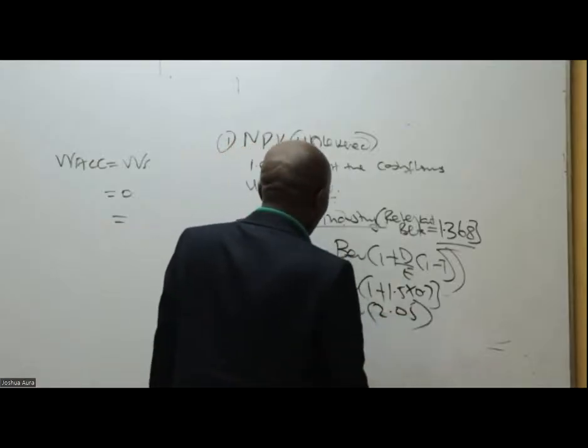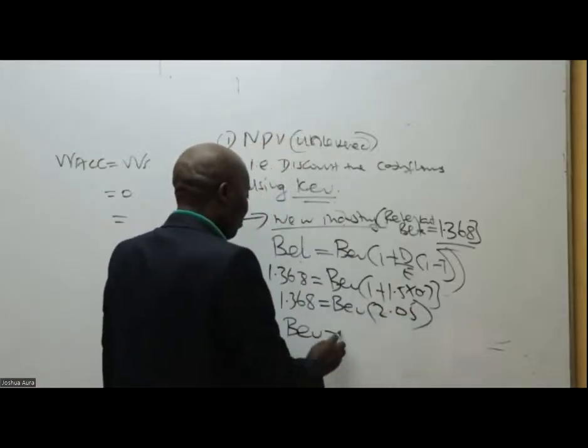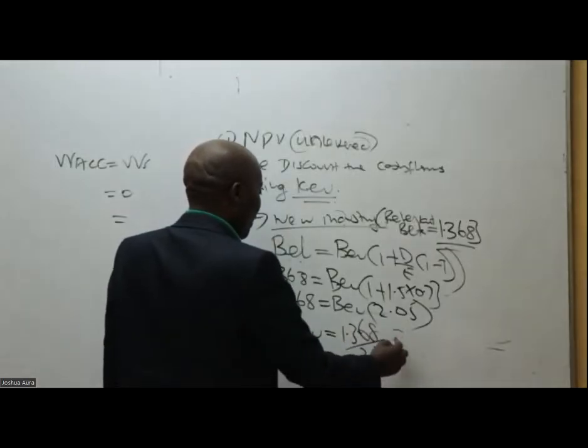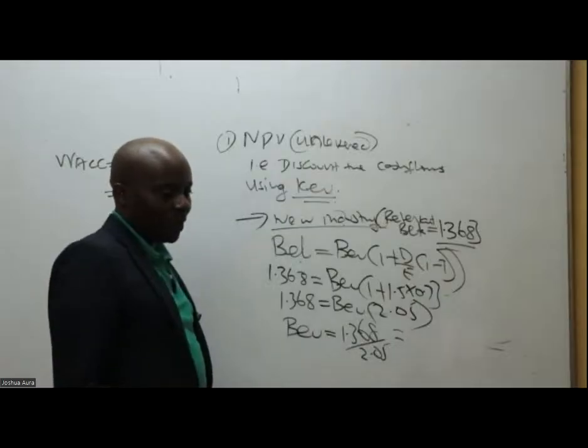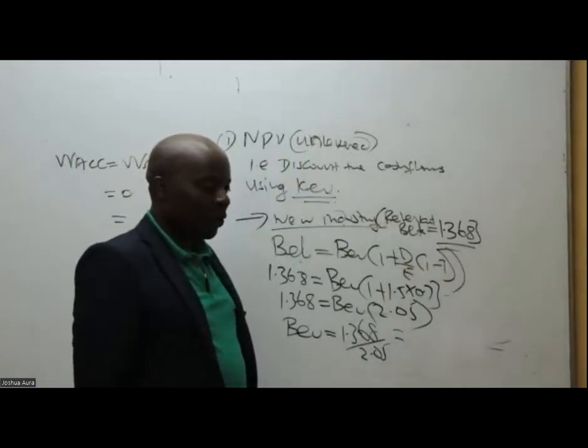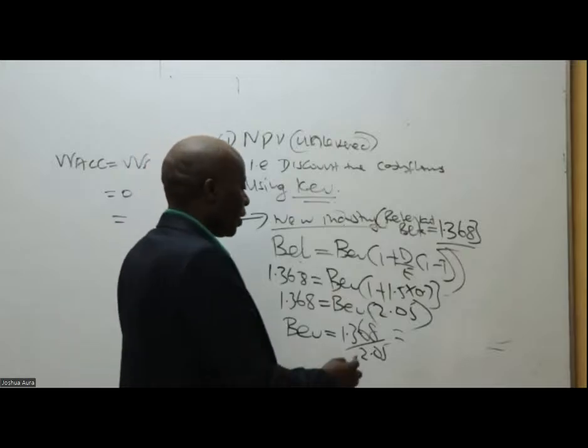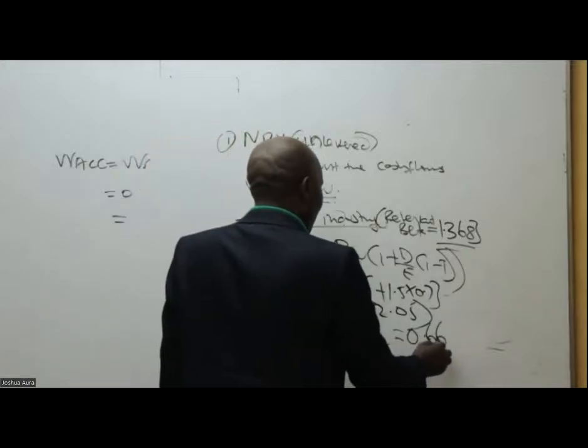2.05, and then I will be able to get the famous beta unlevered by taking 1.368 divided by 2.05, which will end up giving me what figure? 0.667.